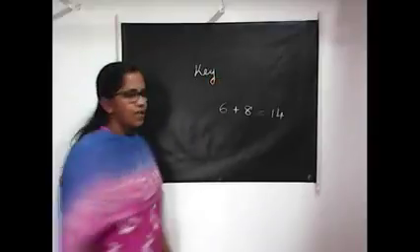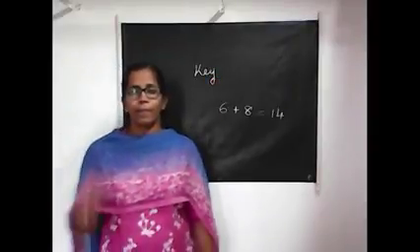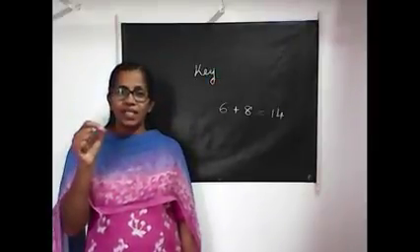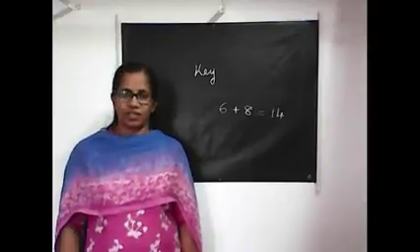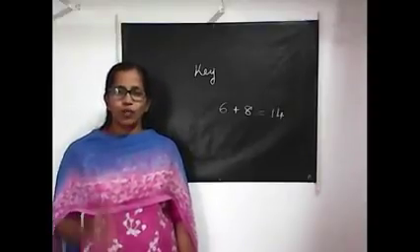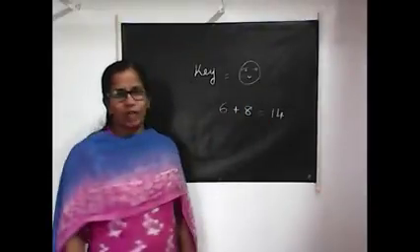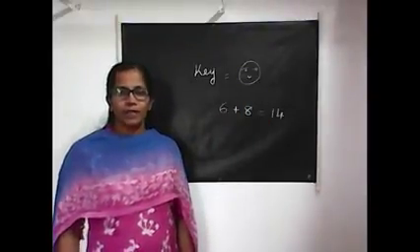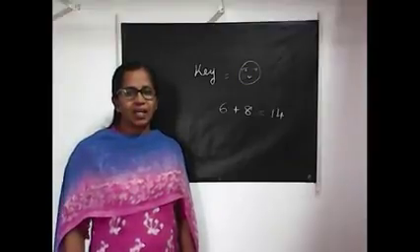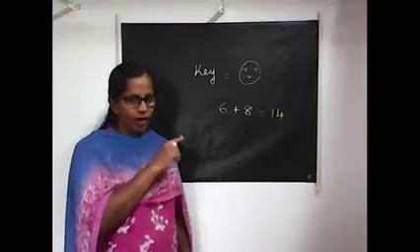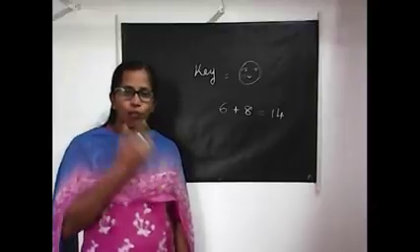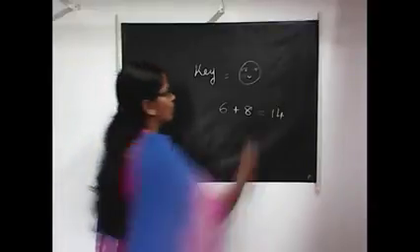That means it represents the number of each picture represented. Suppose they have drawn one student represented by one picture, like this symbol. They are saying that 1 is equal to 5.